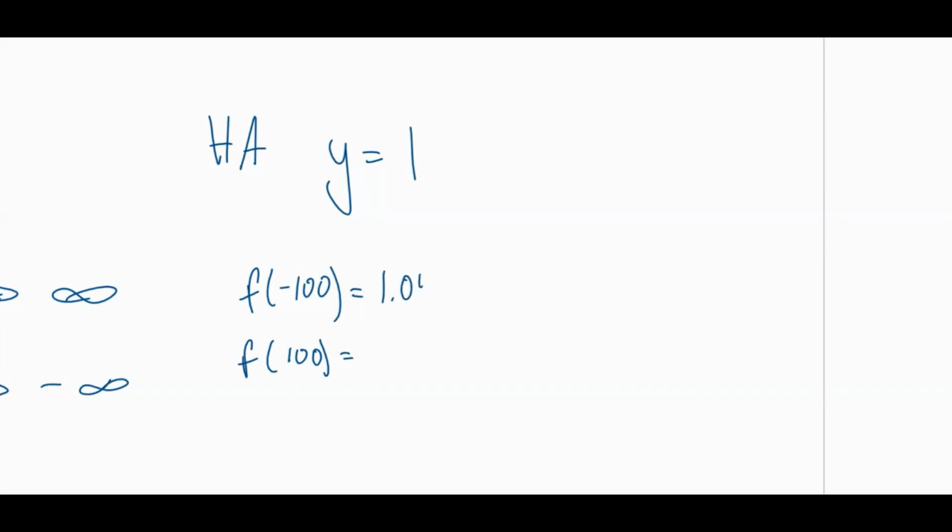So this is 1.04 and this is 0.96. So this is as x goes to negative infinity, y approaches 1 from above. And this is as x goes to positive infinity, y approaches 1 from below.